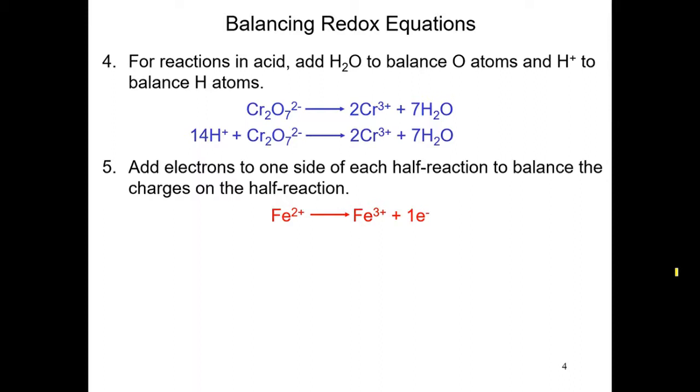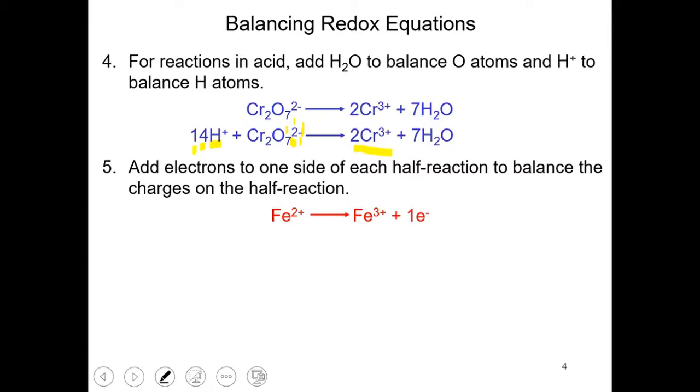Now, in the case of the reduction half reaction, we have an issue because we have 14 positive charges here. We have a -2 charge there, and then we have 2 times 3, which is +6 charges on the right. So if we have +6 on the right, and on the left we have 14 minus 2, which is 12.